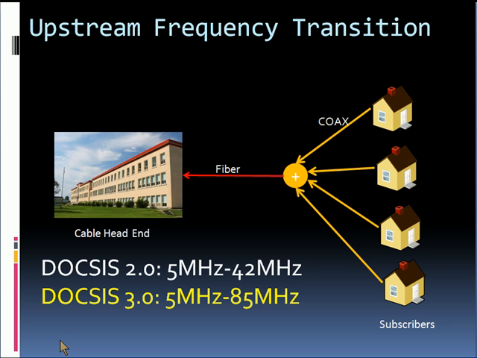A key part of the new DOCSIS 3.0 standard calls for the cable companies to recoup the portion of the bandwidth from 42 MHz to 85 MHz that is currently used to house lower TV channels to be reclaimed for upstream transmission.